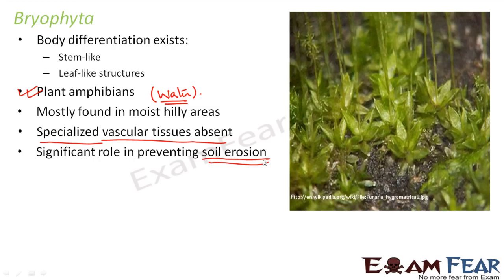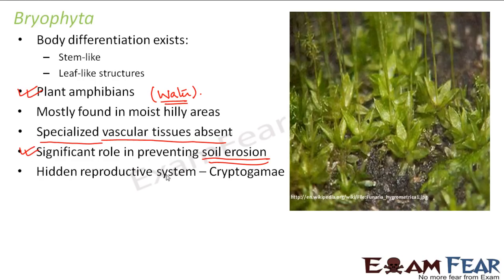This removal of the upper layer of soil is known as soil erosion, and it affects the fertility of the land. Bryophytes help in preventing soil erosion. How? When these plants are there, they hold the soil together. So it holds the soil tight, so water cannot take the soil away with it. This is a very important role played by the bryophytes.